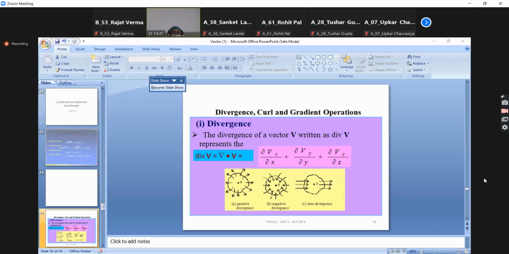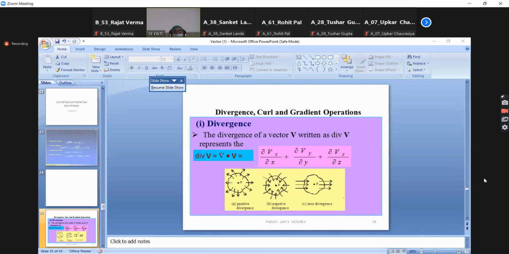If the divergence of a field vector is negative, then something is converging into a small volume, and that point is called a sink. If anything is converging in a small volume, that point is called a sink.